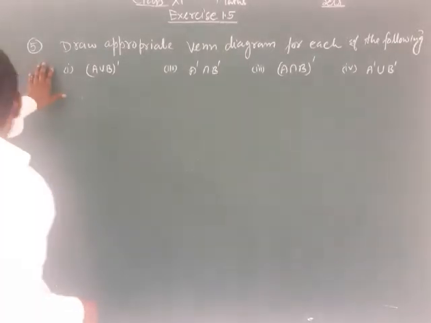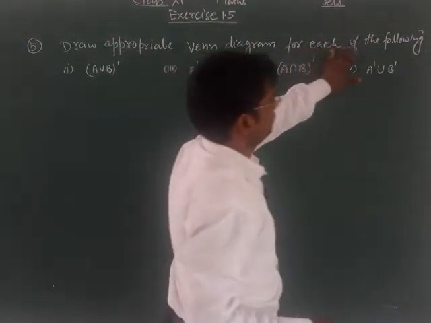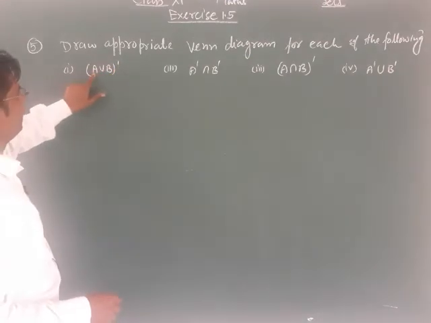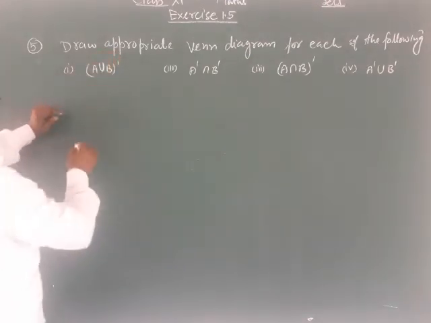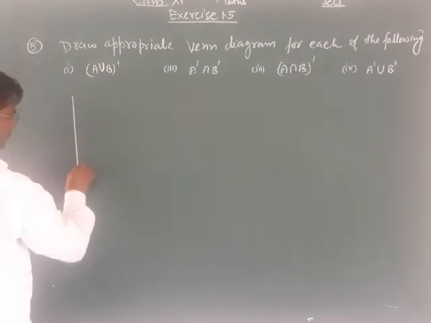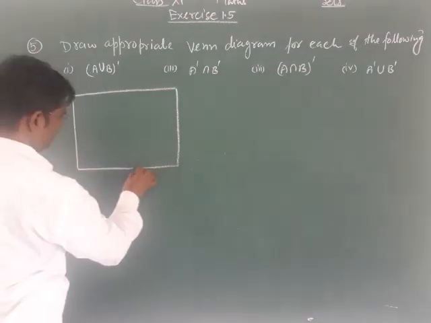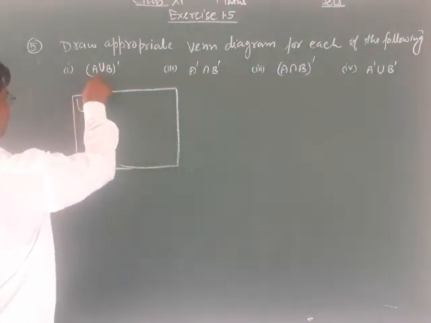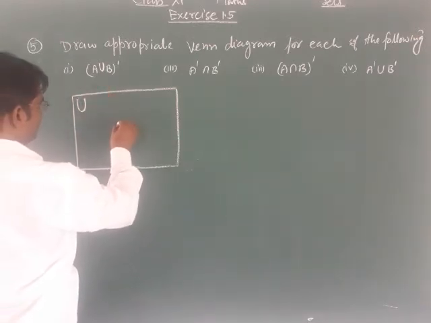Question number 5. Draw an appropriate Venn diagram for each of the following. First part, complement of A union B. This is the Venn diagram. Draw. So now the universal set U is represented by a rectangle and sets A and B are represented by circles.